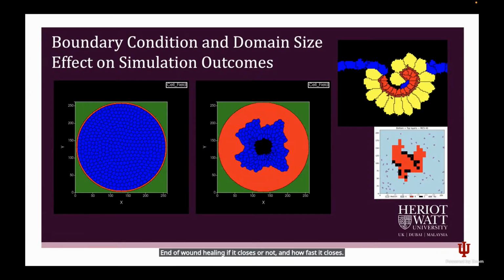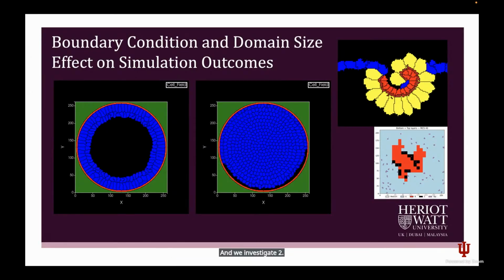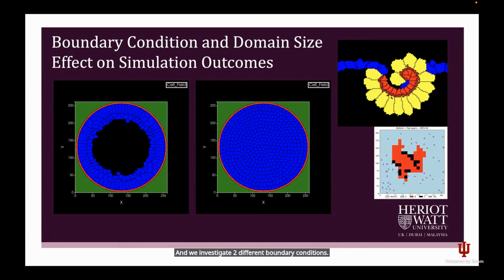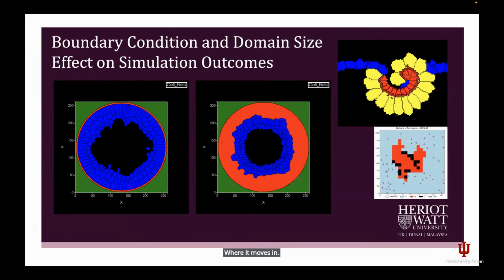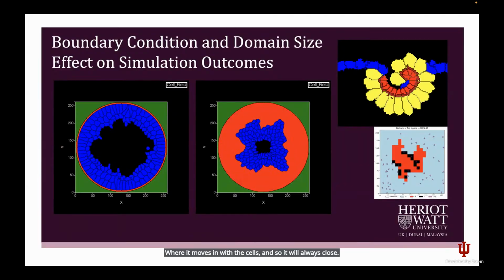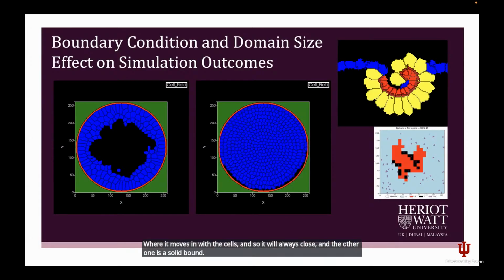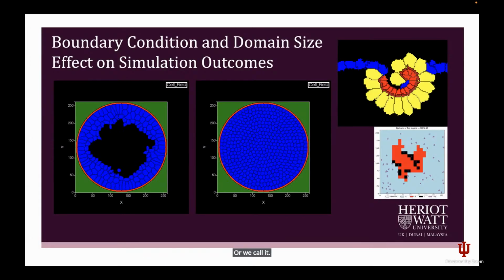And we investigate two different boundary conditions. One that we call compliant. That's the right-hand side GIF, where the boundary moves in with the cells, and so it will always close. And the other one is a solid boundary condition, or we call it non-compliant.